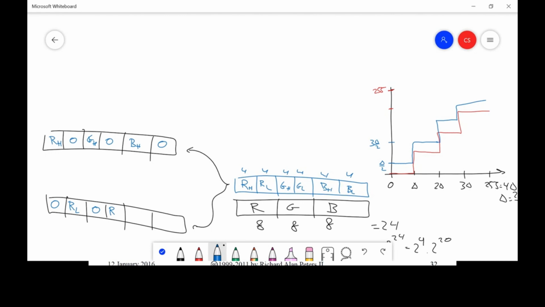This is red low, 0 green, 0 blue. So we are separating the 4 highest bits from the 4 lowest bits.